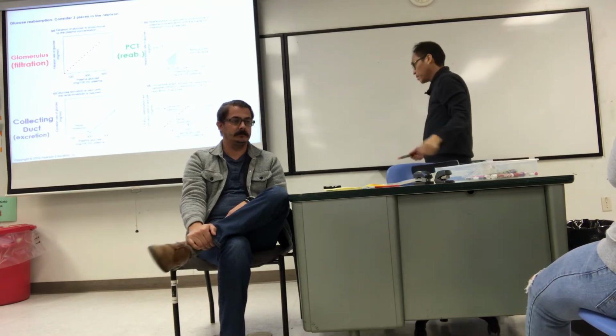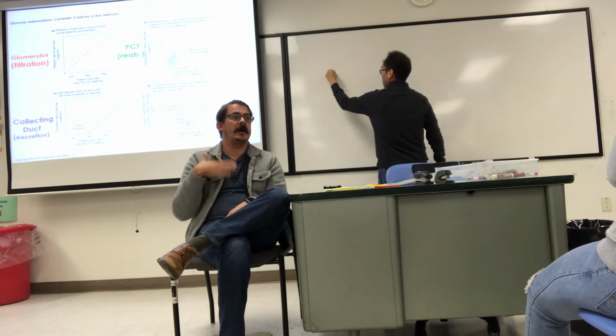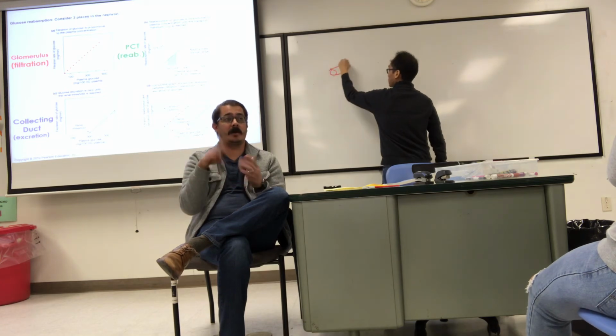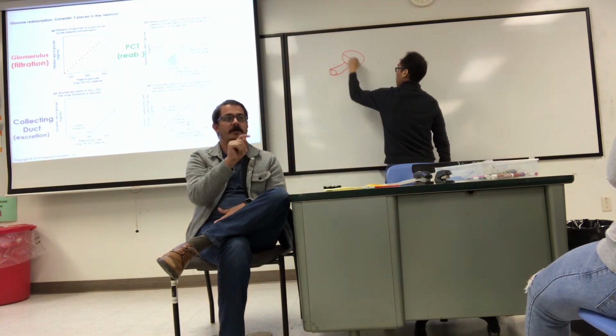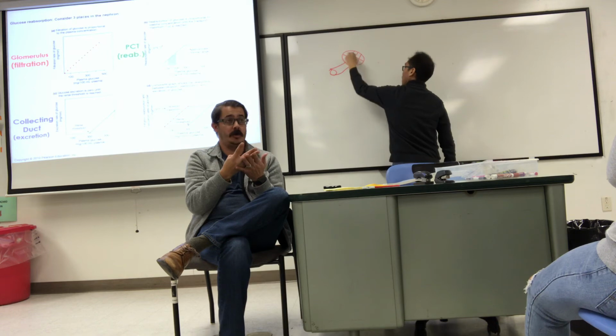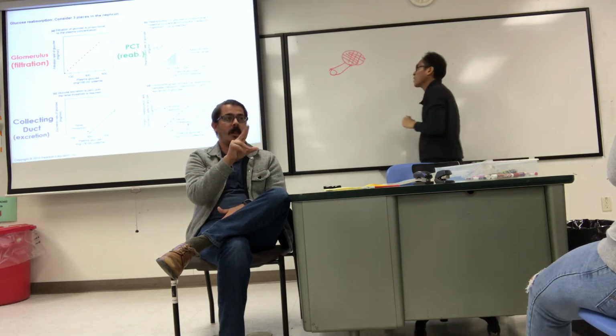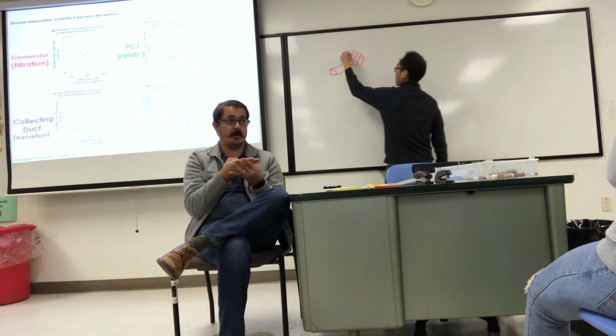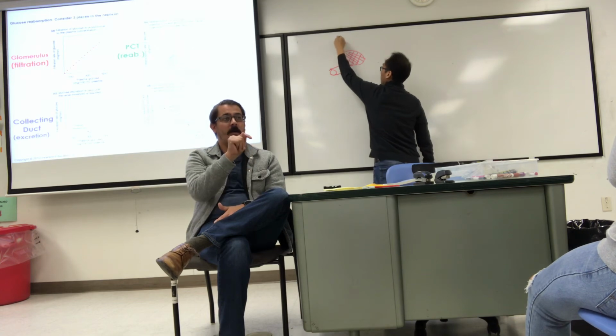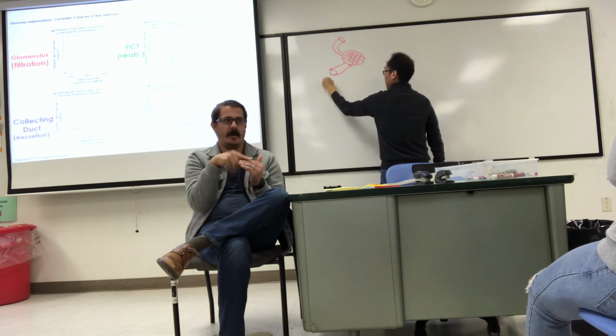Here's our anatomy. To filter, substances must arrive through the afferent arteriole, and it's going to be filtered at the glomerulus, right? Then you have the efferent arteriole coming out, but we're not going to talk about that. We're just going to talk about things coming in.